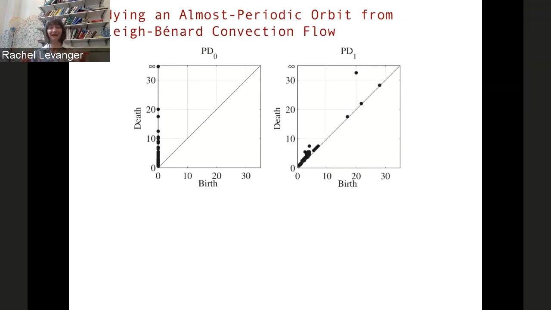We have a point cloud of persistence diagrams, and we use our bottleneck metric to look at it as a point cloud in a metric space.